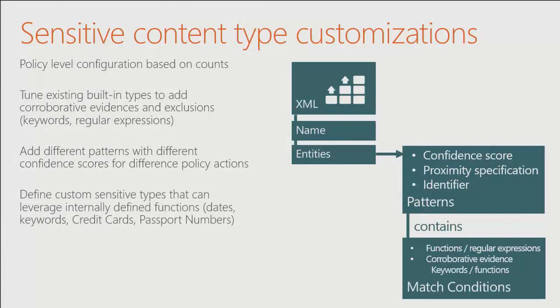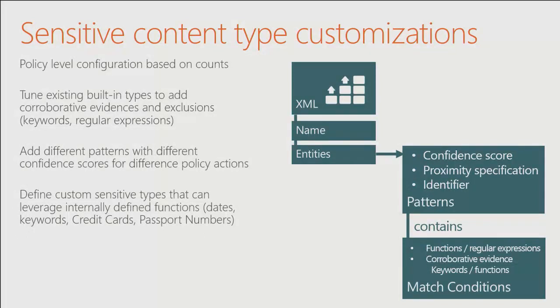But if I have the additional corroborative evidence matched as well, then I will have a much higher confidence. And then how you could use that is provide a different policy response based on how confident you are feeling that you've actually matched the intended entity. And finally, being able to define your own custom sensitive types is very much something that's available in the system. Once you've defined these, they will be used in the system as the built-in ones.